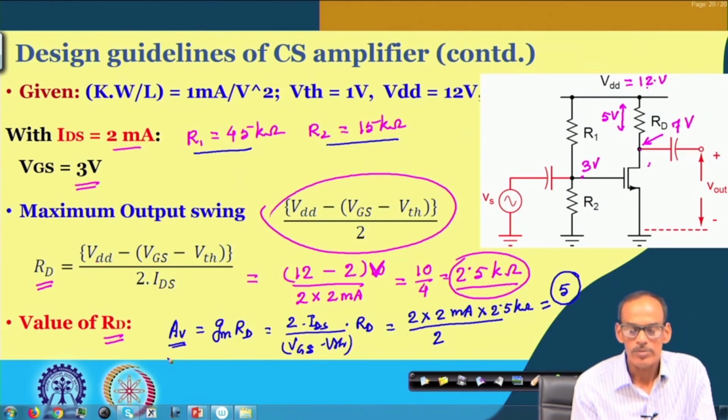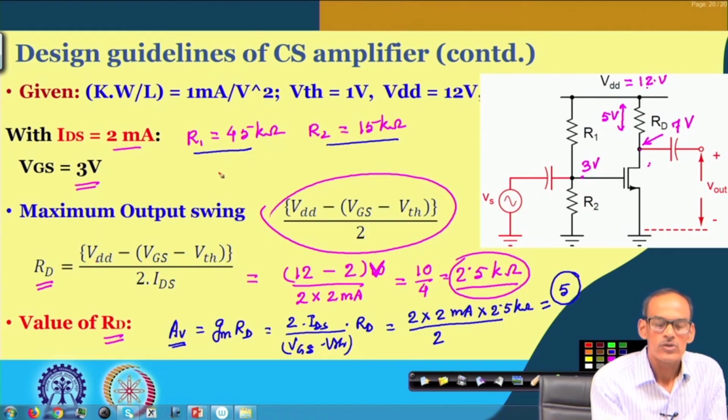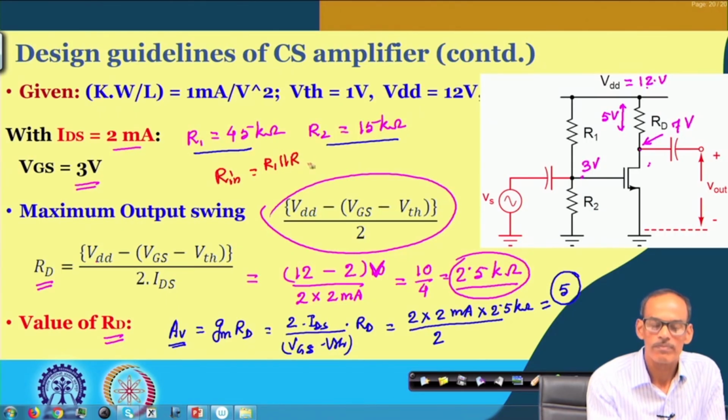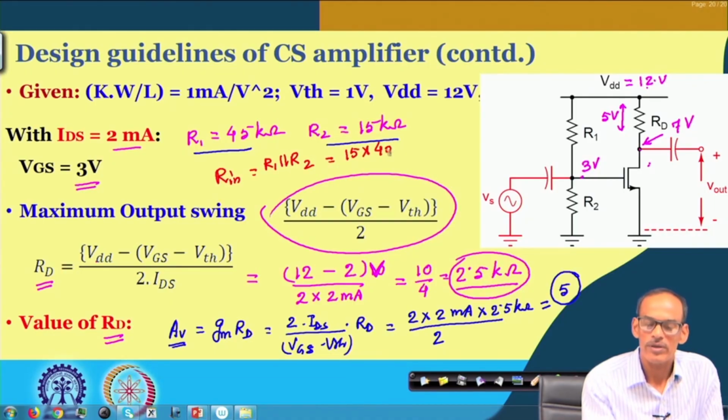And the input resistance on the other hand, it is R1 parallel R2. So that is 15 multiplied by 45 divided by 60.